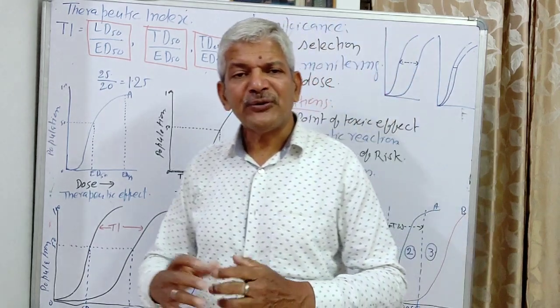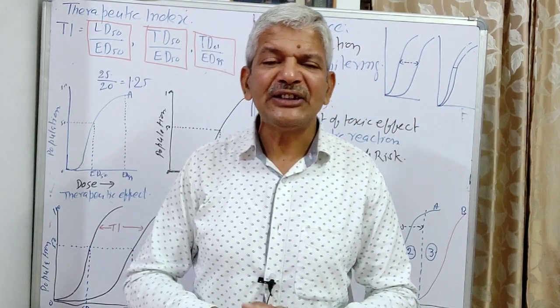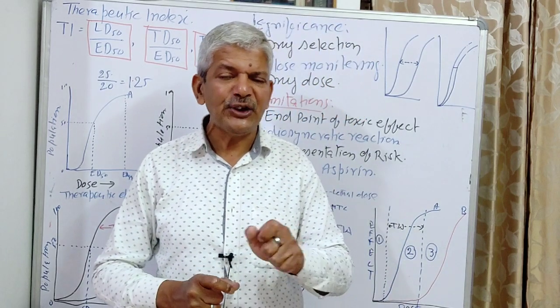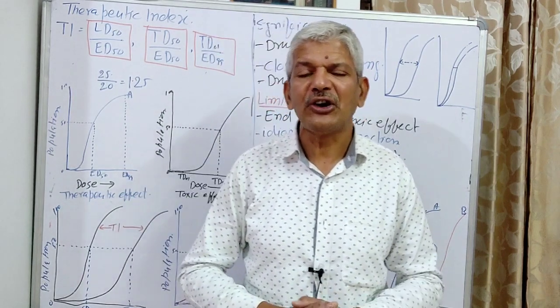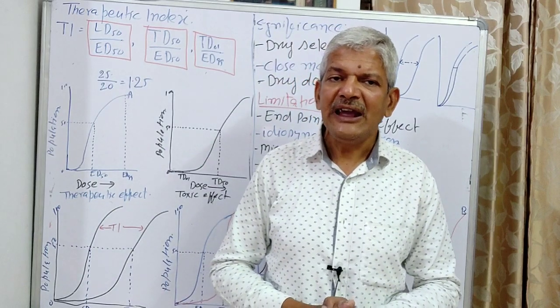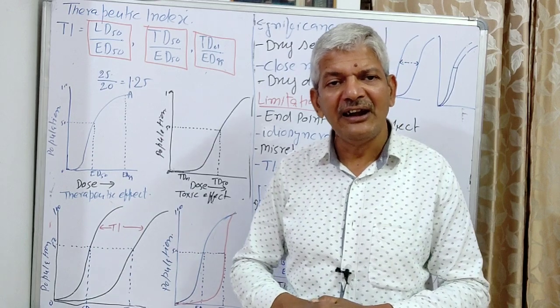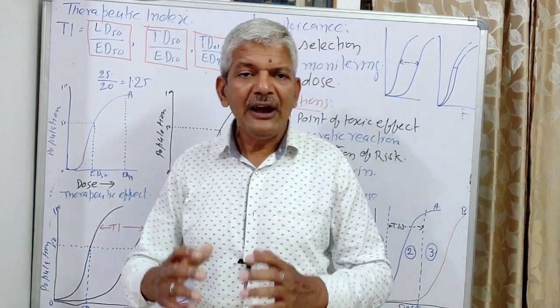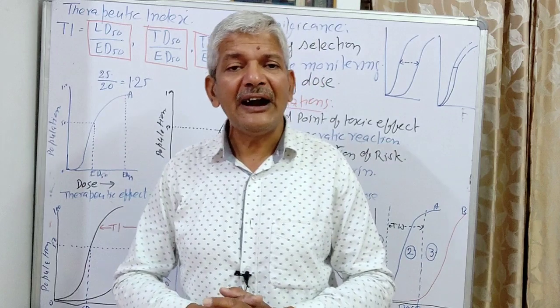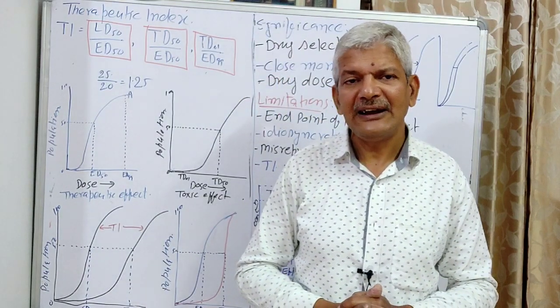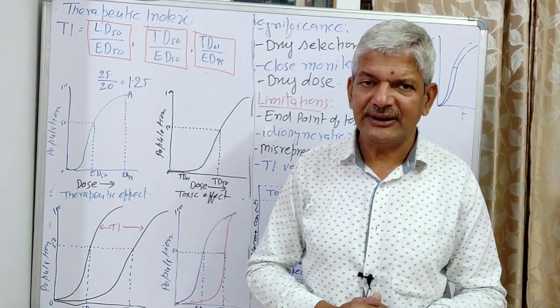Suppose we are performing the experiment to calculate the lethal dose using 50 animals, and the dose that killed 25 animals is the LD50. If we are using 200 animals, the dose that kills 100 animals is the median lethal dose or LD50.